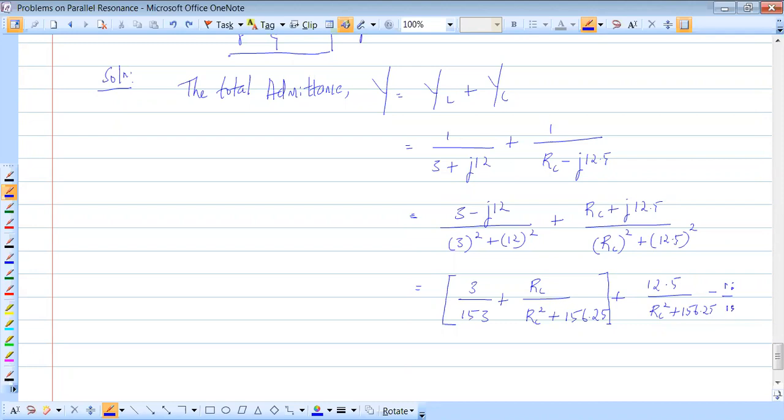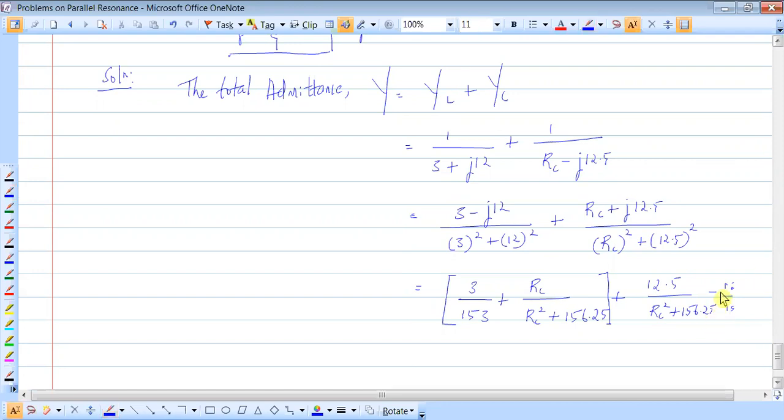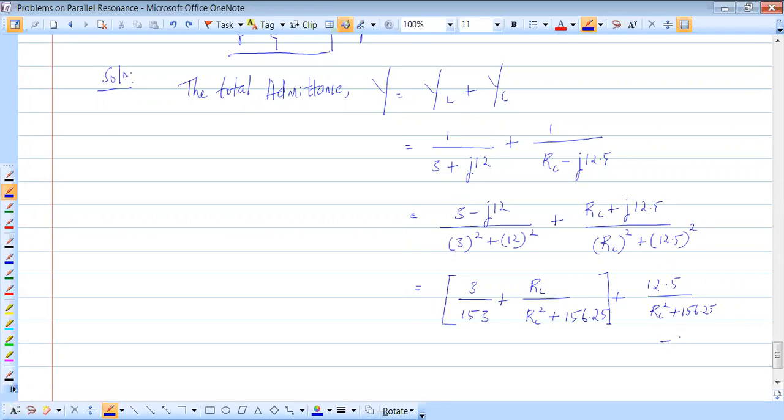It's not allowing me to write it over there. I'll rather do it below here. So the imaginary part would be minus 12 by 153.